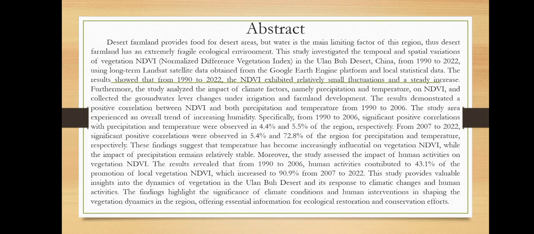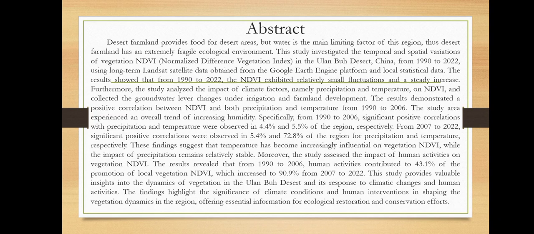While the impact of precipitation remains relatively stable, moreover, the study assesses the impact of human activities on vegetation. The results revealed that from 1990 to 2006, human activities contributed to 43.4% of the promotion of local vegetation, which increased to 90.9% from 2007 to 2022.